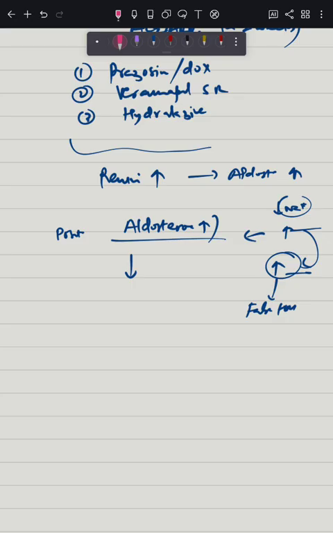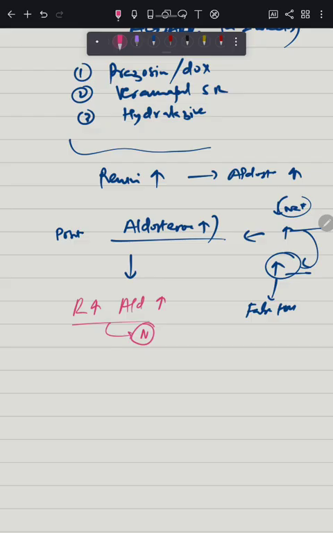So renin high, aldosterone also high. If you calculate ARR here, aldosterone might be modestly up, but renin is also up. So the ratio will look almost normal or low. So this can give rise to a false negative result here.